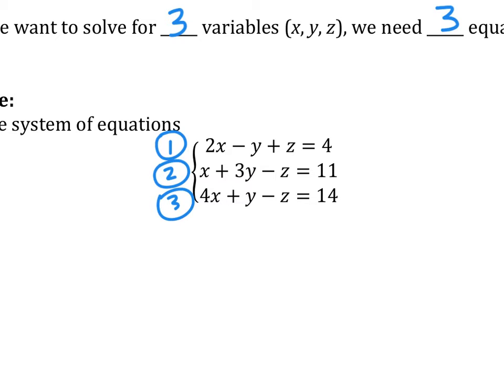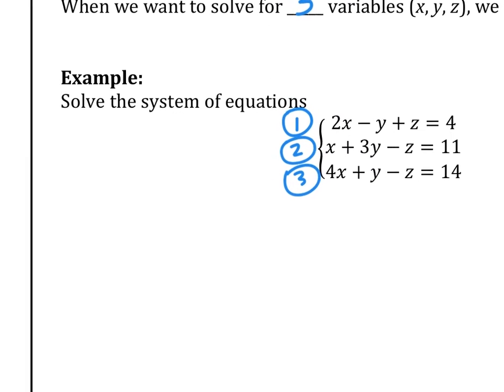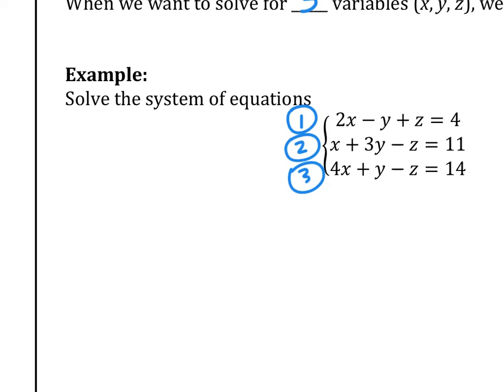Hopefully you noticed z is easy because they all have a coefficient of 1. It's just the sign that is different. So what you can do is take 2 equations at a time and eliminate z from both of them. For example, I'm going to take equations 1 and 2.